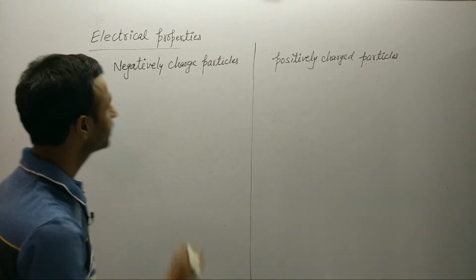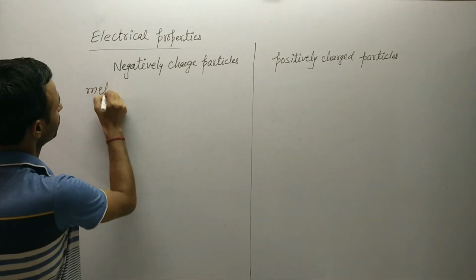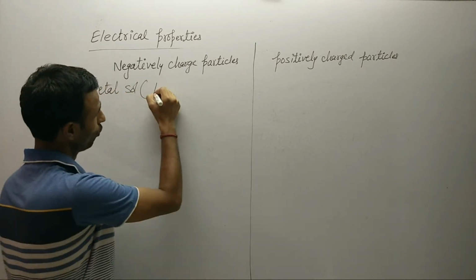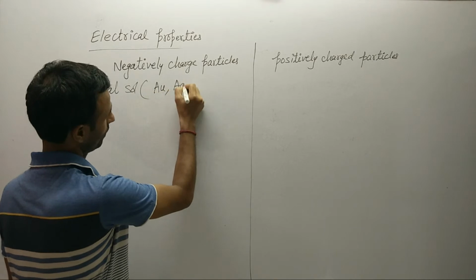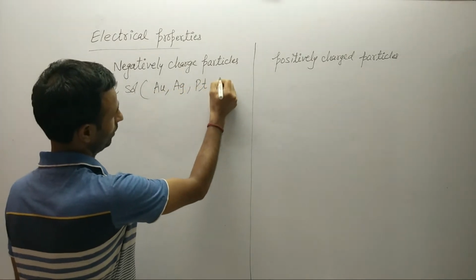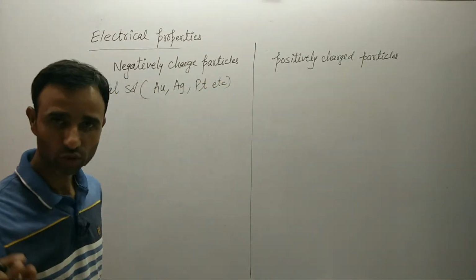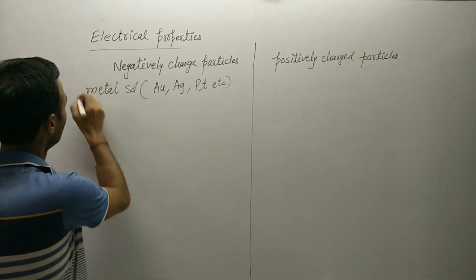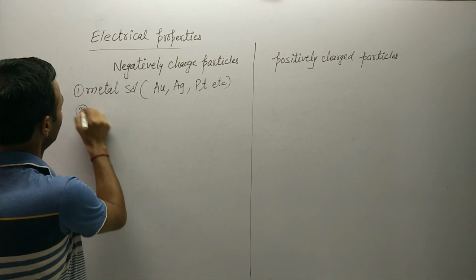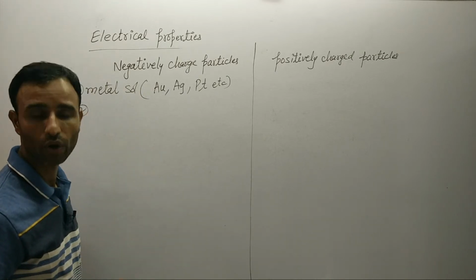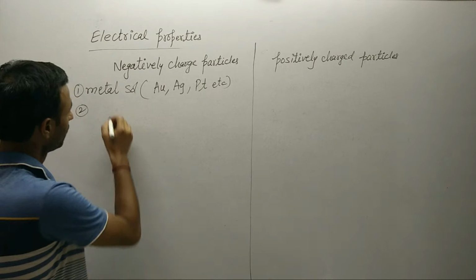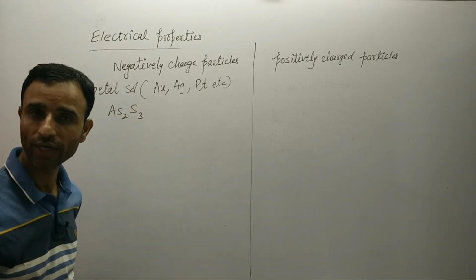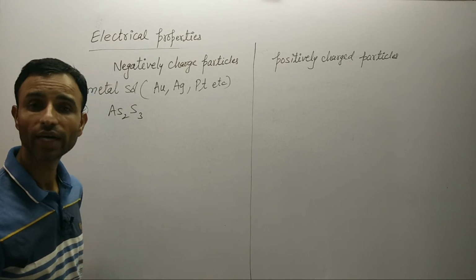Now all the metal sols like gold, silver, platinum, all are negatively charged sols. Got it? Metal or non-metal sulfides, like arsenic sulfide, they are negatively charged sols.